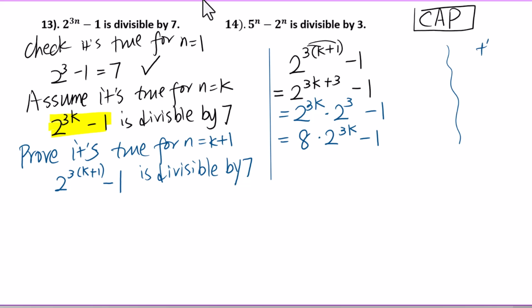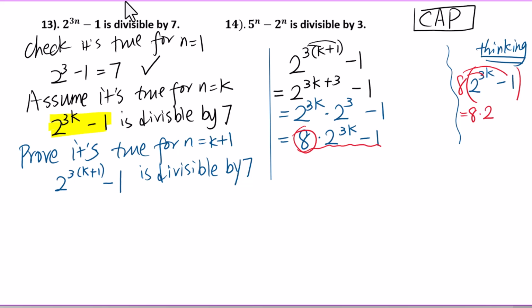This is your thinking part. We want to create 2 to the power of 3k minus 1. In these expressions, we got 8. So we will put the 8 before that, distributive property: 8 times 2 to the power of 3k minus 8.